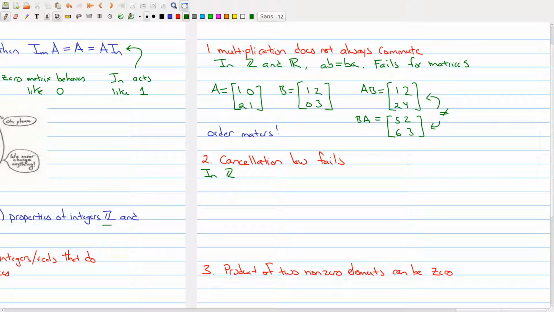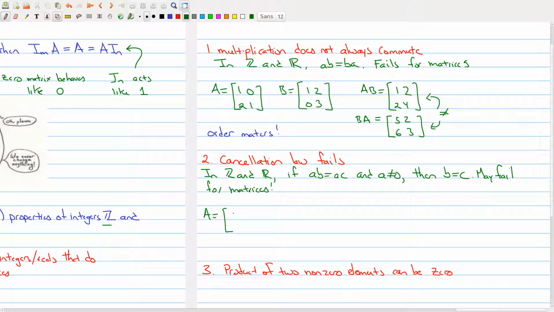In Z and the real numbers, if A times B is equal to A times C and A does not equal 0, then you can cancel off the A to say that B is equal to C. But again, this is something that may fail for matrices. And here's my example of that.